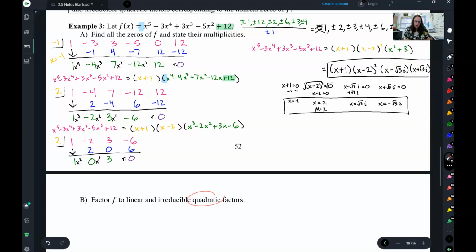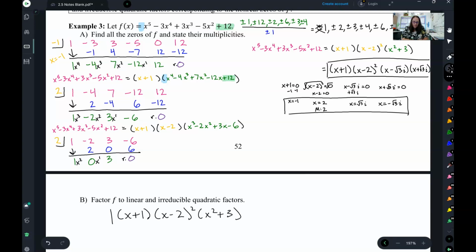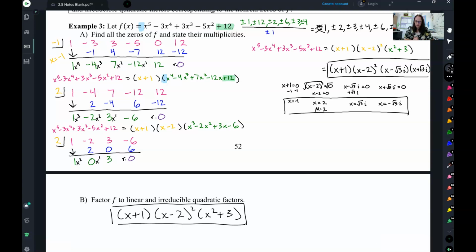So this right here is actually our factored form with irreducible quadratics. I took my quadratic one, and instead of factoring it down to imaginary, I leave it alone. And that's my factored form with what they call irreducible quadratic factors.